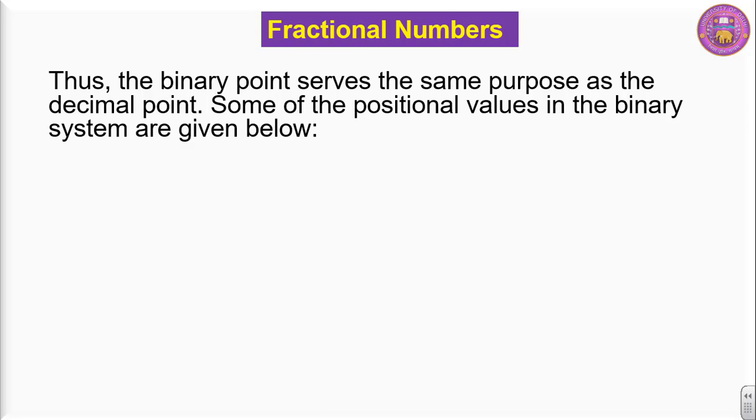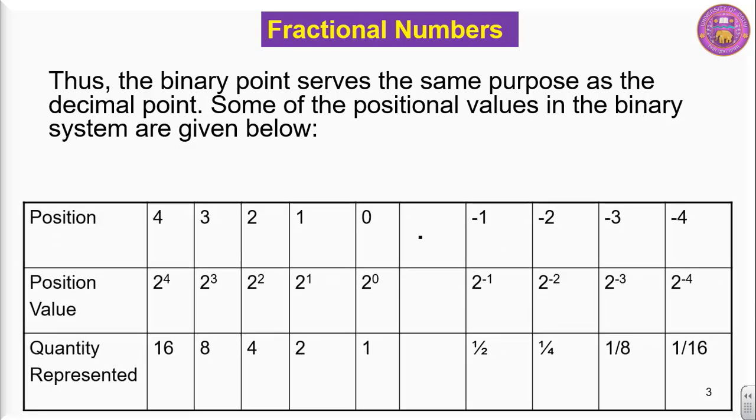Some of the positional values in binary system are given below. This is the binary point. The values on the left side, which are shown in green arrow, they are positive numbers.